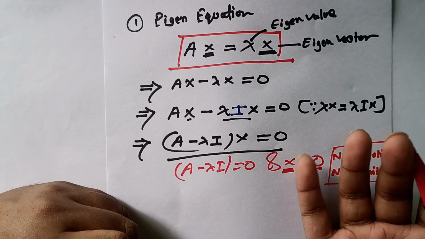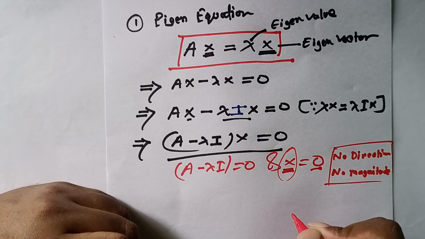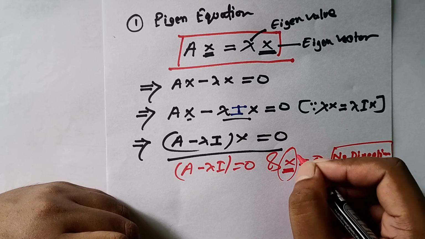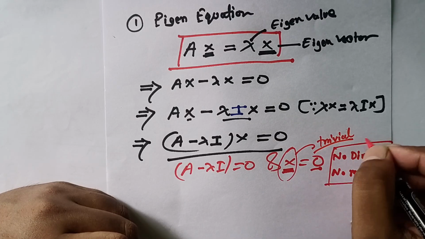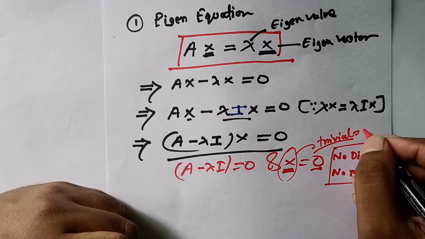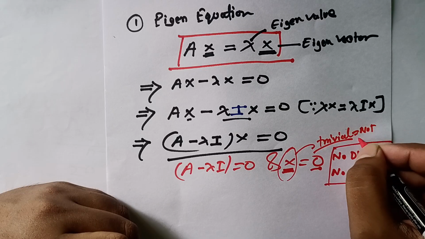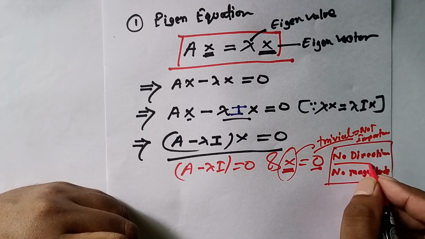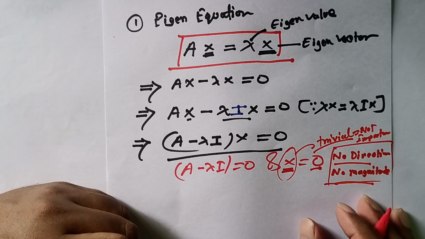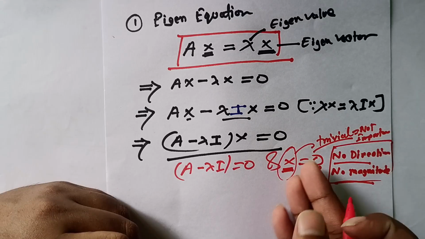In mathematical terms, it's known as trivial. Trivial means not important. Why not important? There is no direction, no magnitude, so what is the value of this matrix?